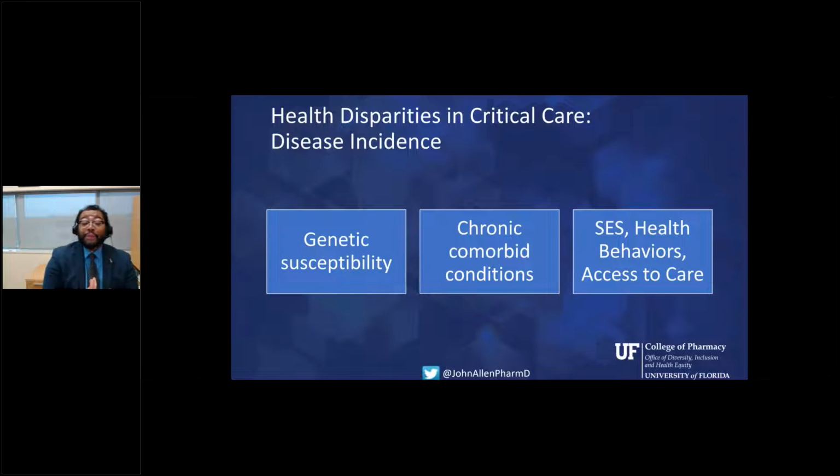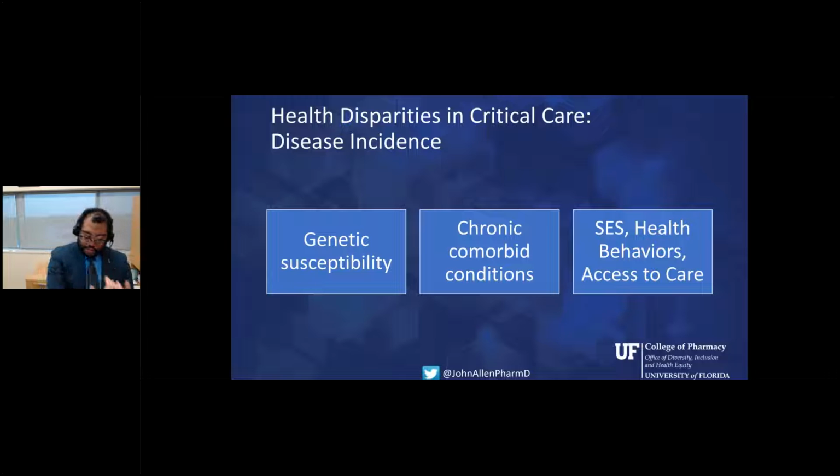For instance, patients with diabetes, hypertension, etc., have an increased risk for macrovascular complications. Additionally, African Americans have higher rates of comorbidities that increase the risk of acute respiratory failure, as well as sepsis and acute renal failure.